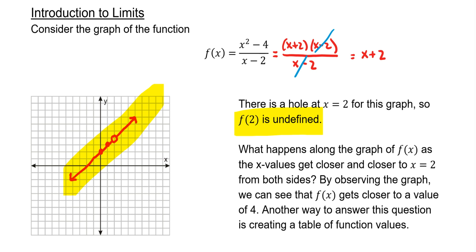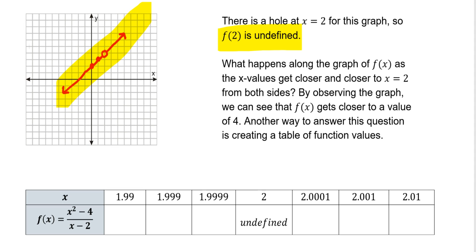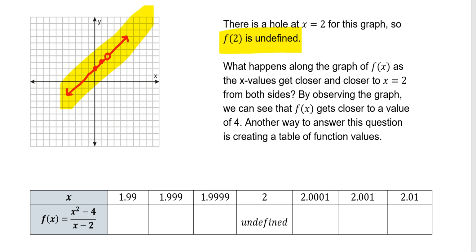So what we're going to do with limits here is we're actually going to ask ourselves, what are the y values getting closer to as x gets closer to 2 from both sides? So basically we're saying what function value is the curve getting closer to as x gets closer to 2 from both sides.